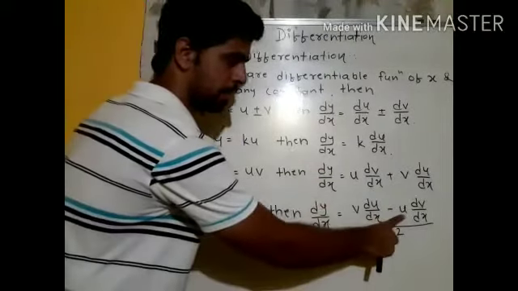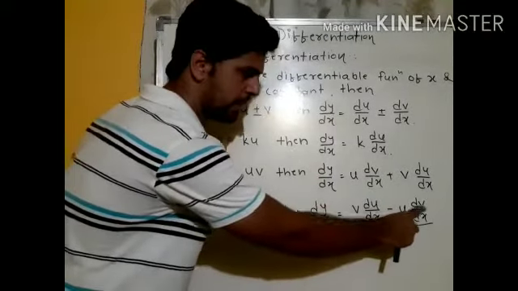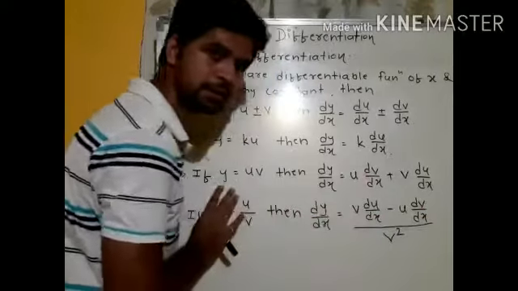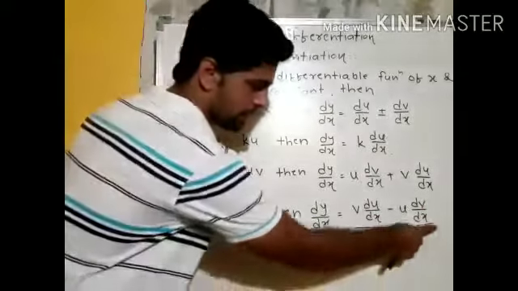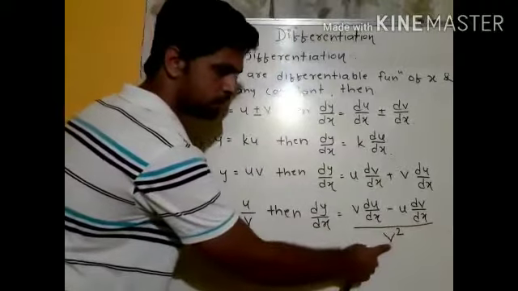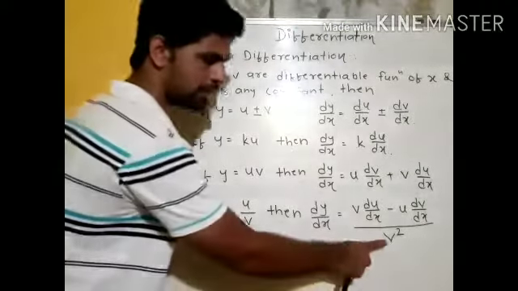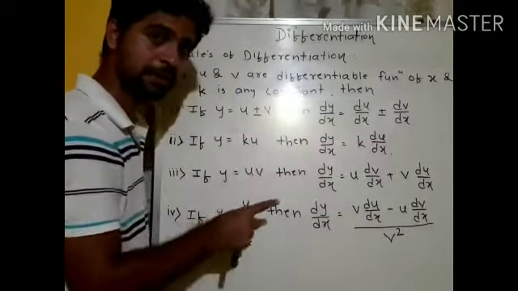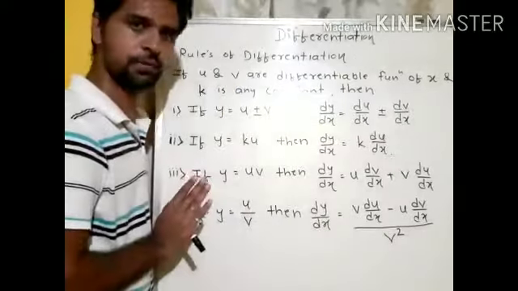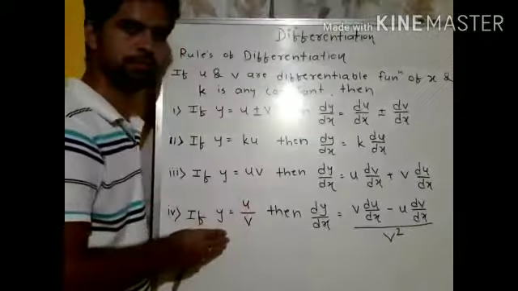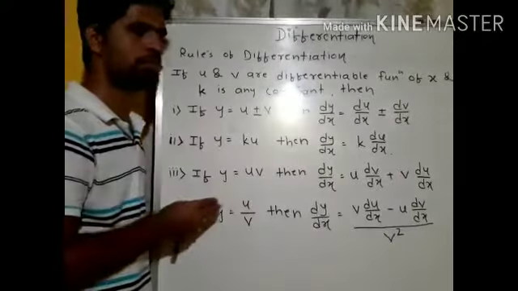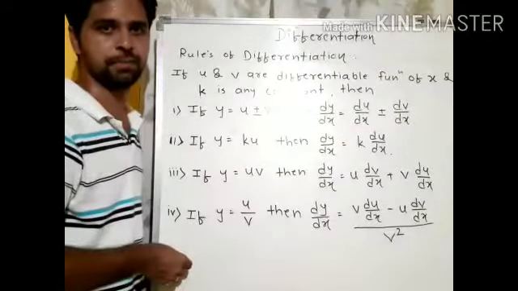Now keep numerator's function constant, take derivative of denominator's function, that is dv by dx, and this total divided by square of denominator's function. We have to take square of denominator's function in the denominator. Okay, so these are the rules. This rule we will use in solving the examples.